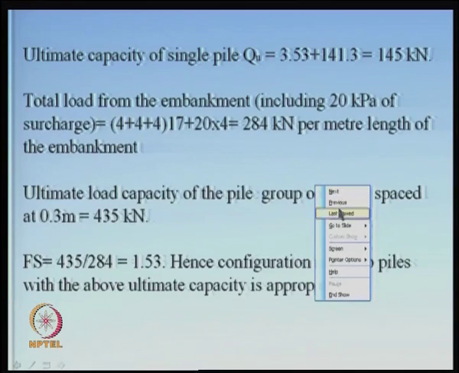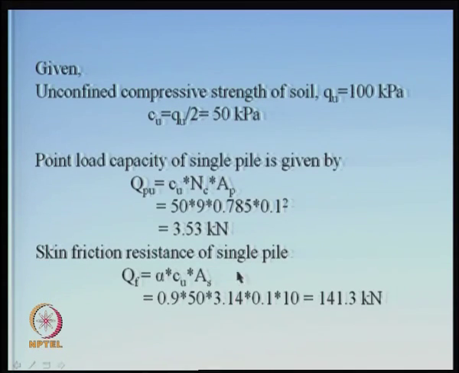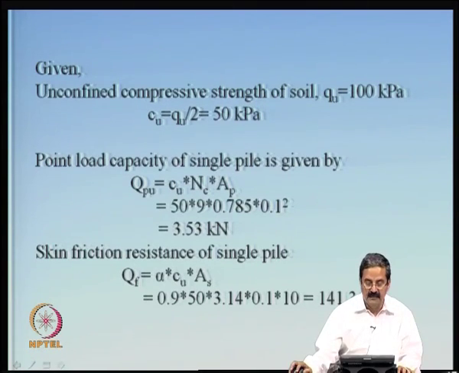Then you calculate both the loads, 3.5. You can see that the skin friction of the single pile is much bigger. Had it been a normal pile, the end bearing would be somewhat higher. Say, if the diameter is going to be higher, like AP is the area of the pile, then this will dominate.